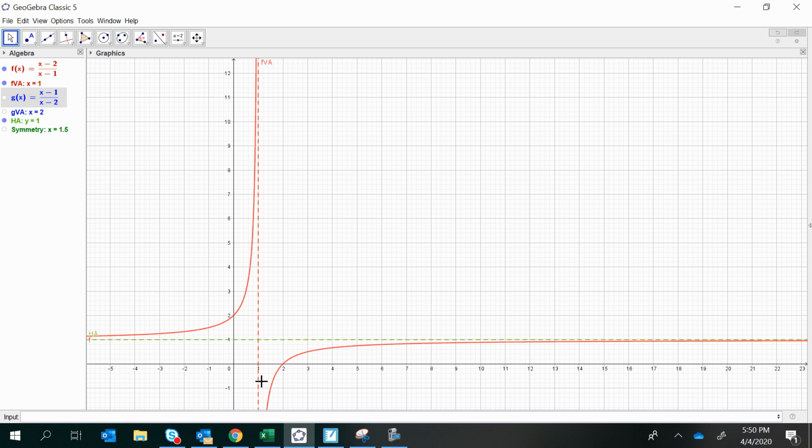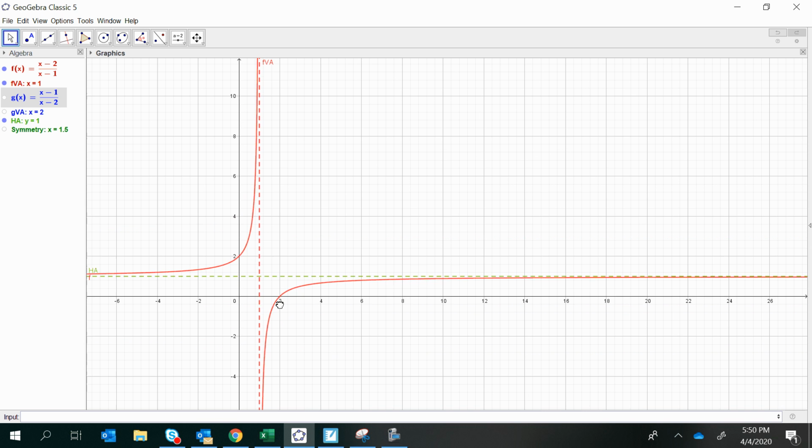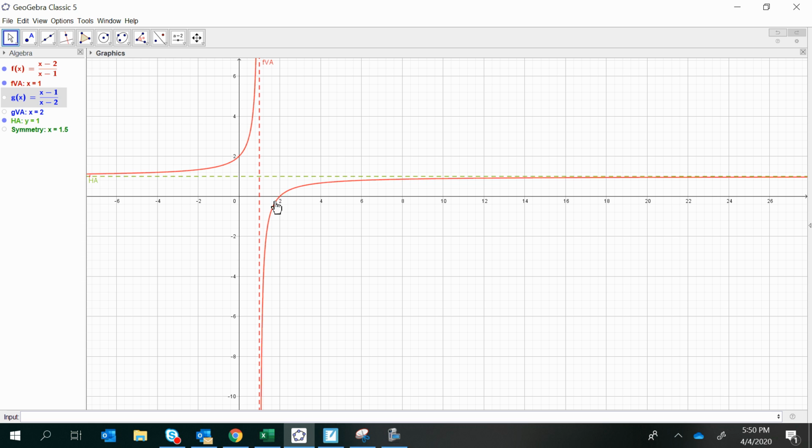On the other side of the vertical asymptote, as x approaches the vertical asymptote from positive infinity, from the right, the function values are going down without bound, and they're going towards negative infinity, the y value. So as x gets closer to its vertical asymptote, the y values go towards negative infinity.